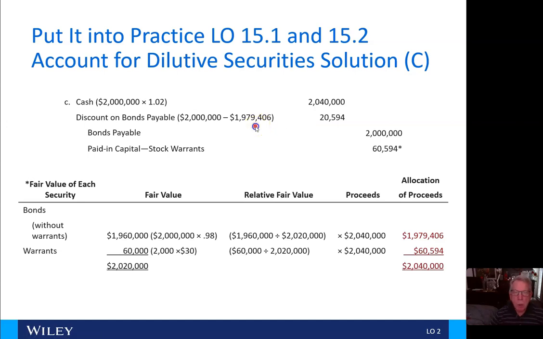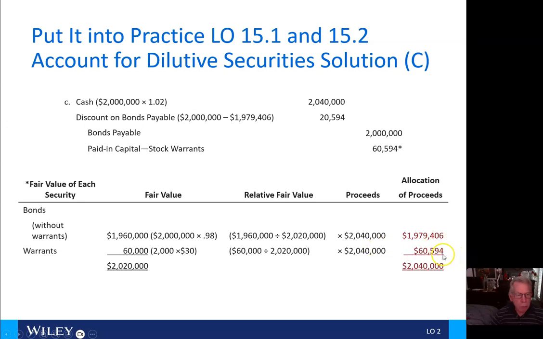And we got this $1,979 by this arithmetic here. And here we took the fair value of the warrants and the relative fair value of the warrants, and then the proceeds.